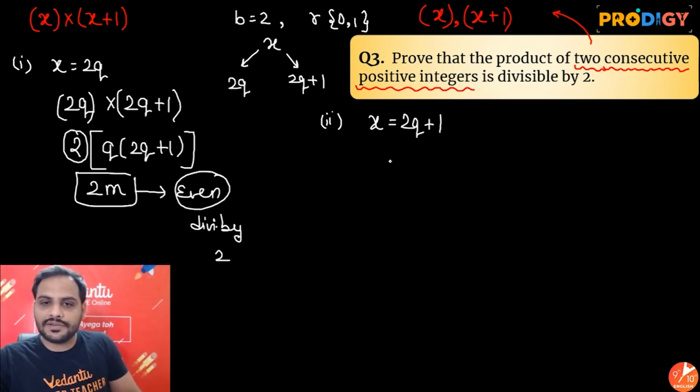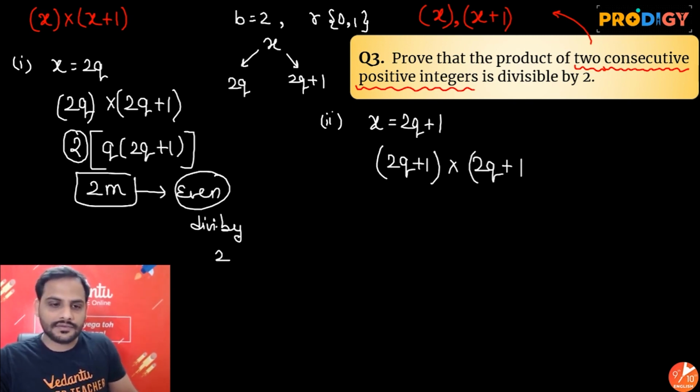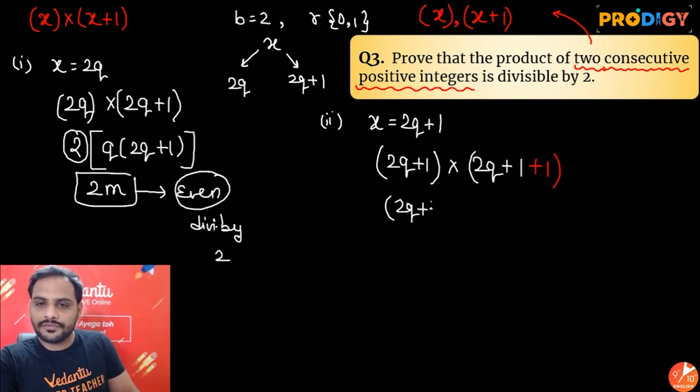So x into x plus 1. So 2q plus 1, that is x, multiplied with x plus 1. So x, that is x only, and we will do plus 1 also. X plus 1 is there. So that plus 1 we will be using over here. So it will be 2q plus 1 into 2q plus 1 plus 1, which will be 2q plus 2.